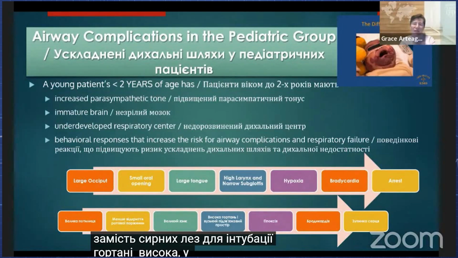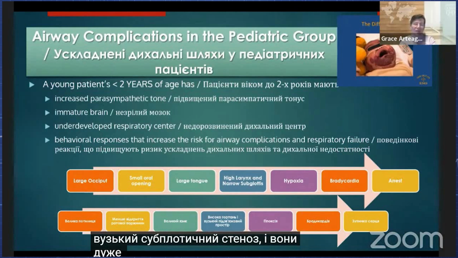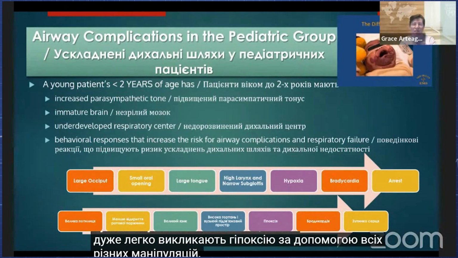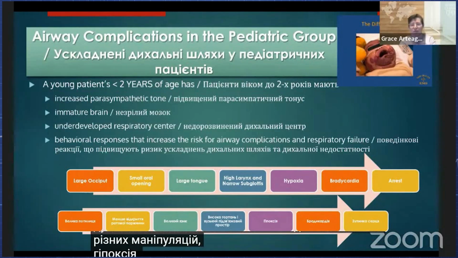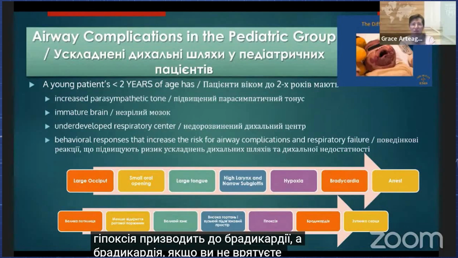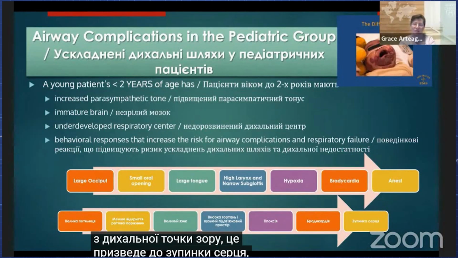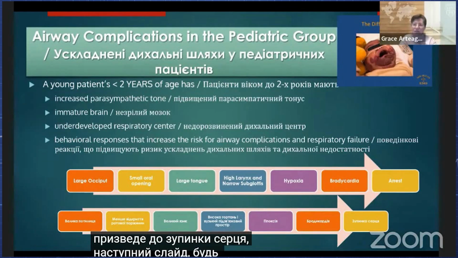Their larynx is high. They have a narrow subglottic area, and they easily become hypoxic with all the different manipulations. Hypoxia leads to bradycardia, and bradycardia, if you don't rescue them from the respiratory standpoint, is going to lead to a cardiac arrest. Next slide, please.